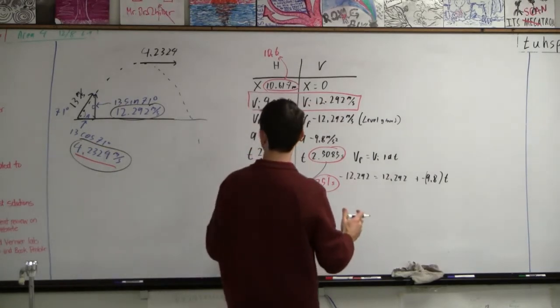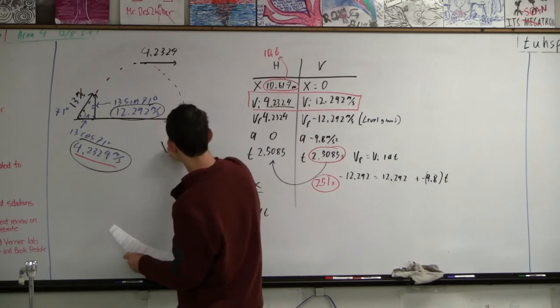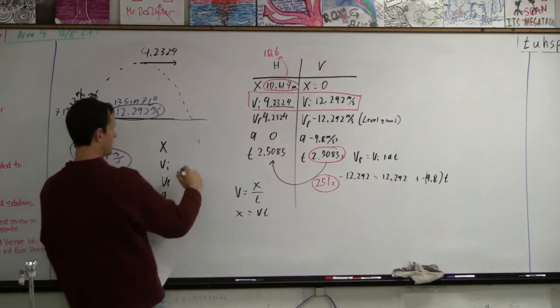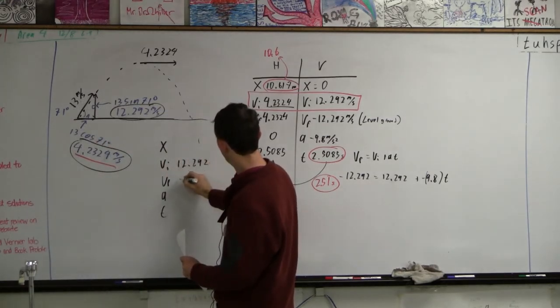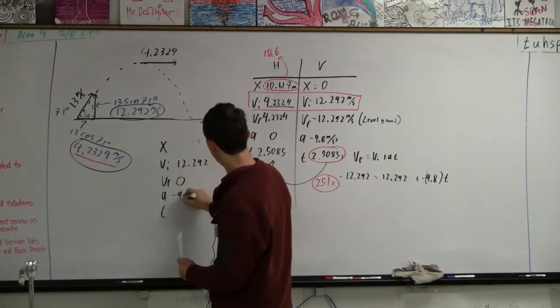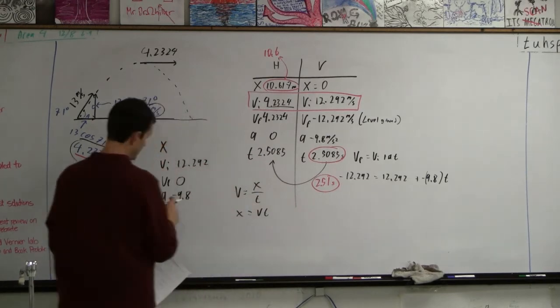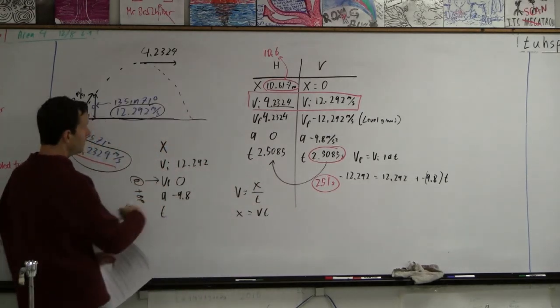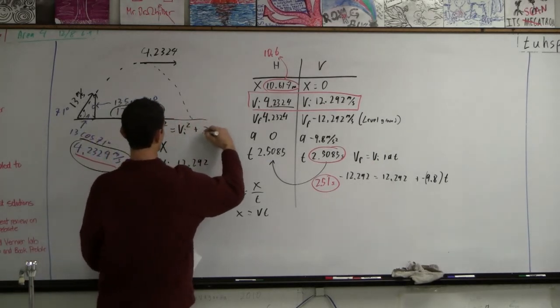But the greatest height, we're going from here to the top. We just have to set up x, vi, vf, a, and t. Going to the top, the initial vertical velocity is 12.292, the final vertical is 0, the acceleration is negative 9.8, and we want to find x. I would use vf squared equals vi squared plus 2ax.